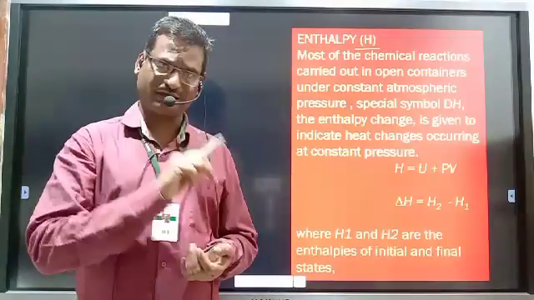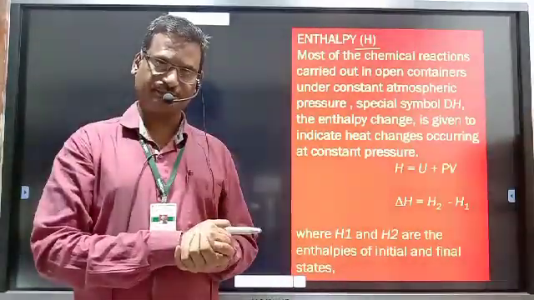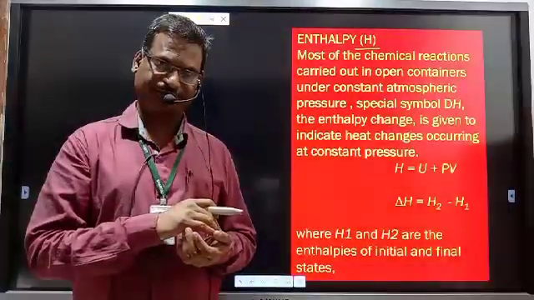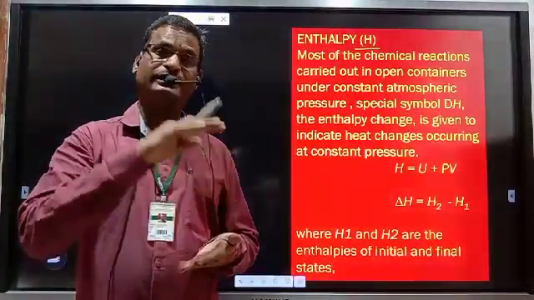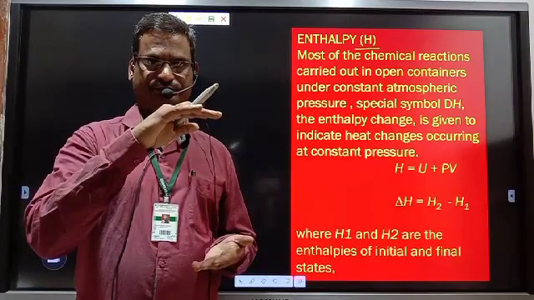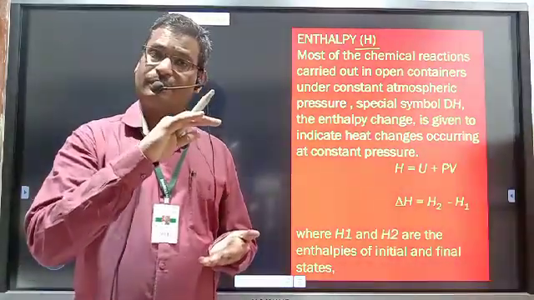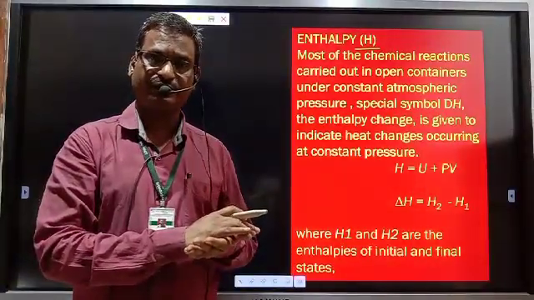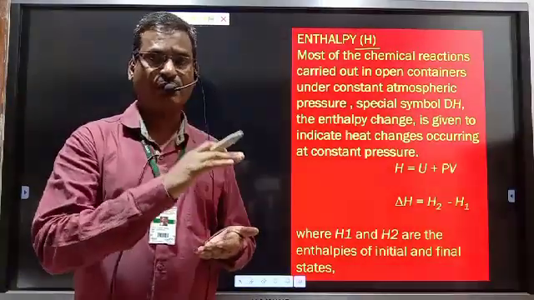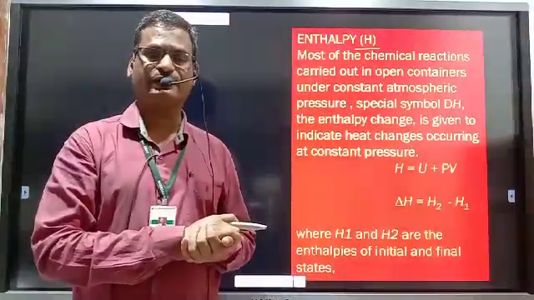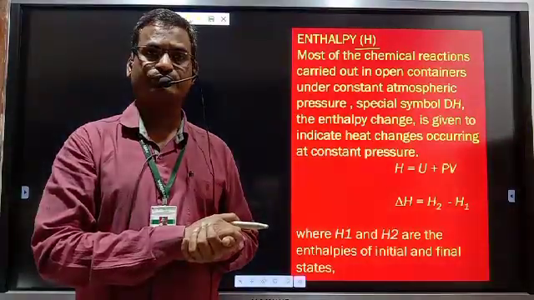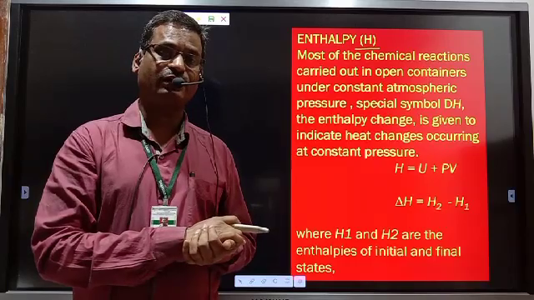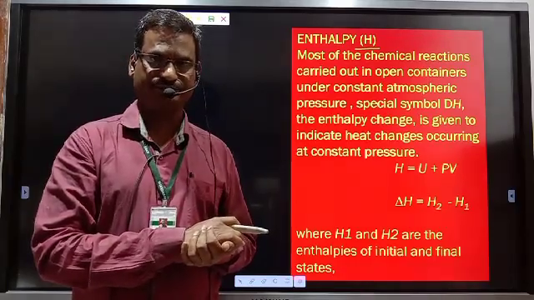Whenever two reactants are added together, if effervescence is observed, an increase in volume takes place. If precipitation takes place, there is a decrease in volume. So either an increase or decrease in volume takes place during any chemical reaction, but that reaction is carried out at constant pressure.